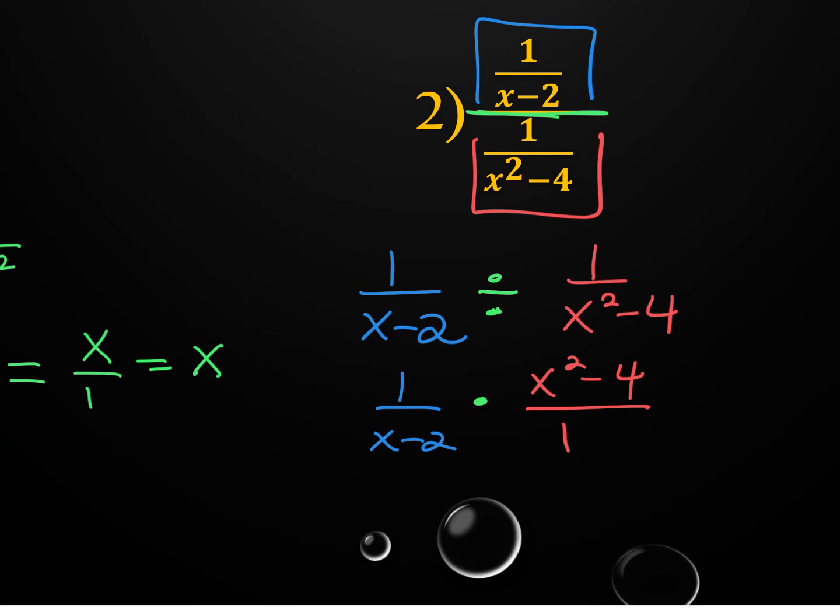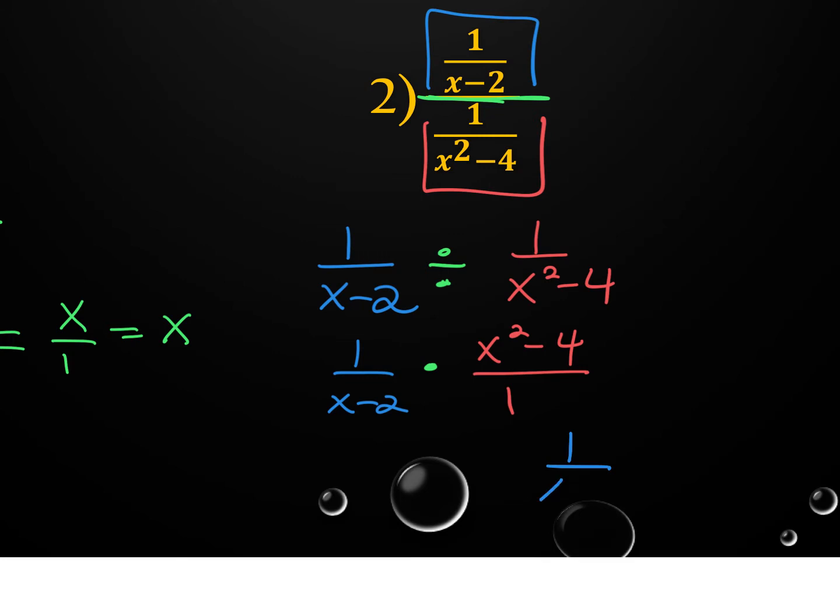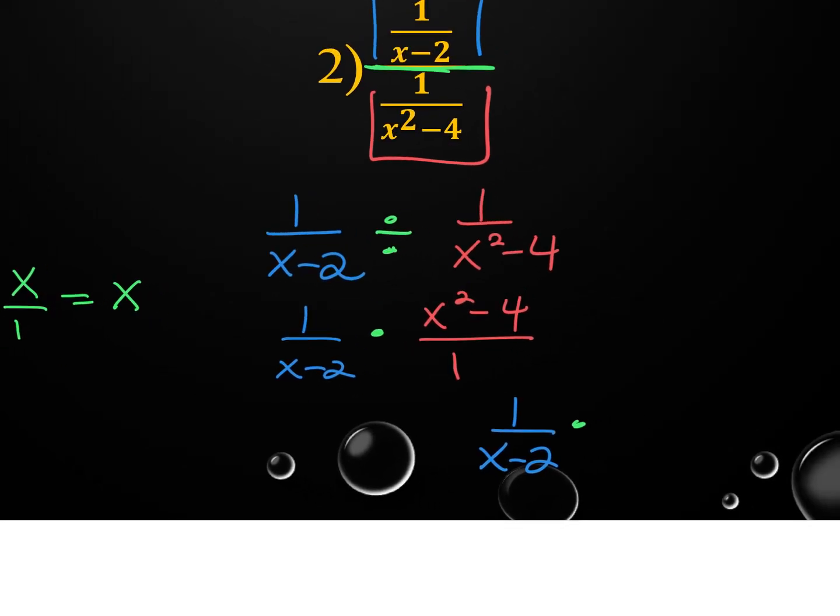I need to factor and cancel. So I can factor the numerator of the red. Let me go ahead and rewrite the blue. So now the red I can factor. It's the difference of two squares. So it's going to become x minus 2, x plus 2, and then it's over the 1.